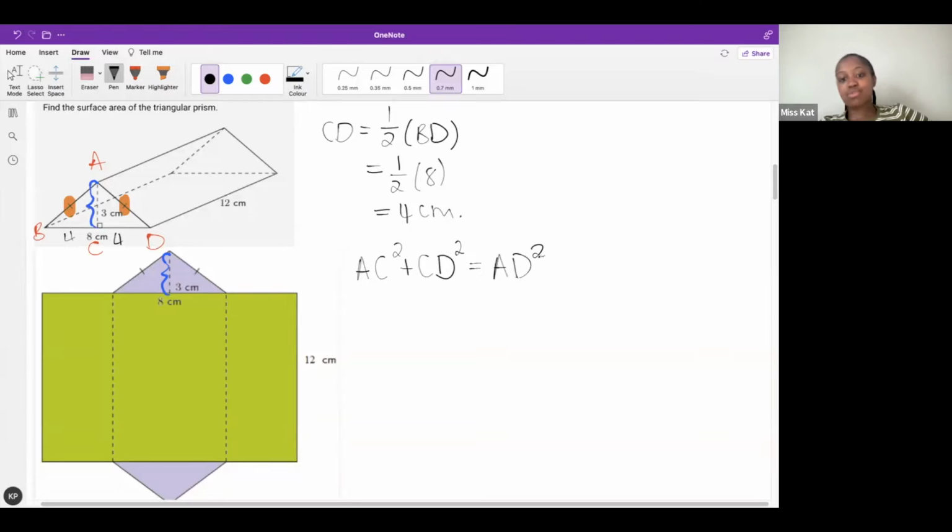You didn't even have to go through Pythagoras. They have a specific name. Does anybody remember? Plus 4 squared equals AD squared. So AD squared will equal 9 plus 16, which is 25. Yes, Pythagorean triplets.